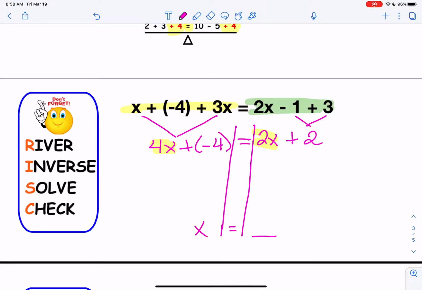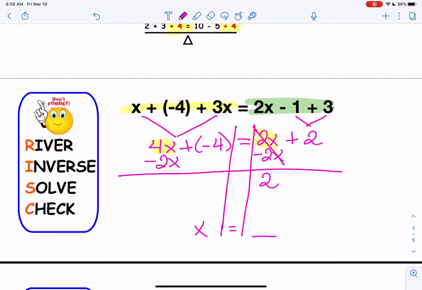So that means if I need to get x on one side, I'm going to have to cancel it out. And if I have 2x plus 2, that's the same thing as 2 plus 2x. So the opposite would be to subtract 2x. And if I do that, to keep my equation balanced, I need to do it on the other side as well. 2x minus 2x is 0, so it cancels out.